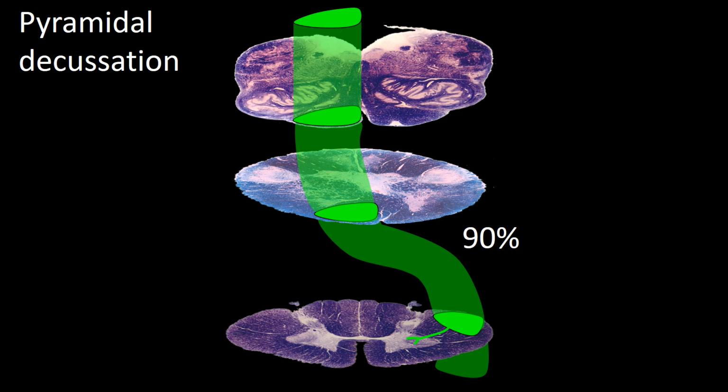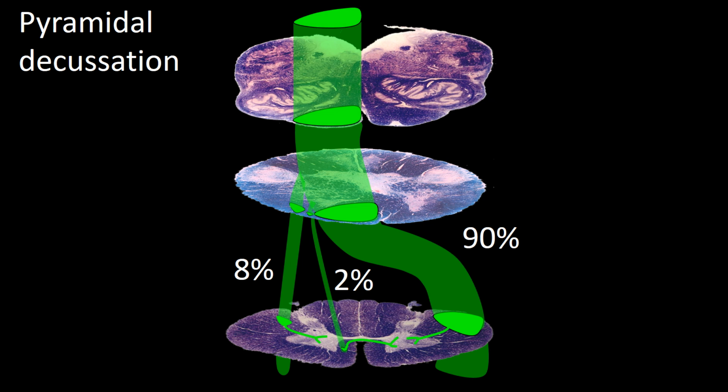I have represented the connection by the offshoot green lines. 2% do not cross and go ipsilaterally to reach the anterior segment of the spinal cord, but ultimately cross to the other side. 8% do not cross and go to the ipsilateral lateral funiculus, and make contact with neurons in the same side.